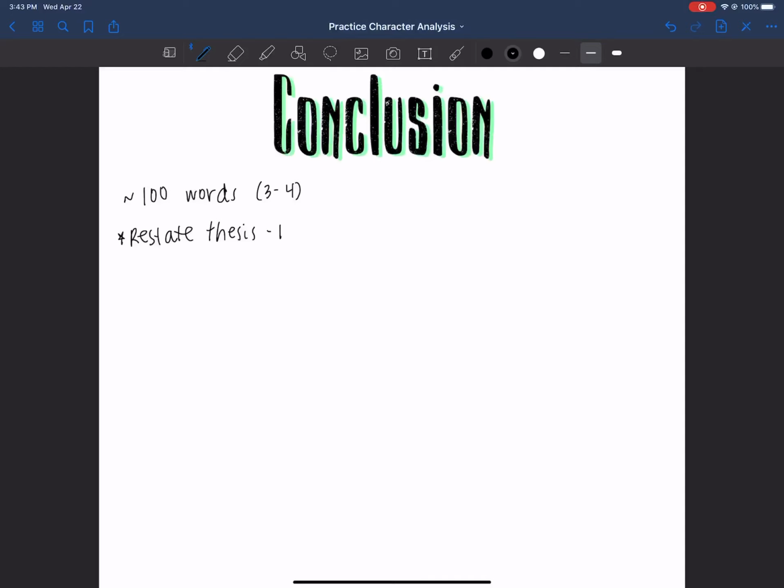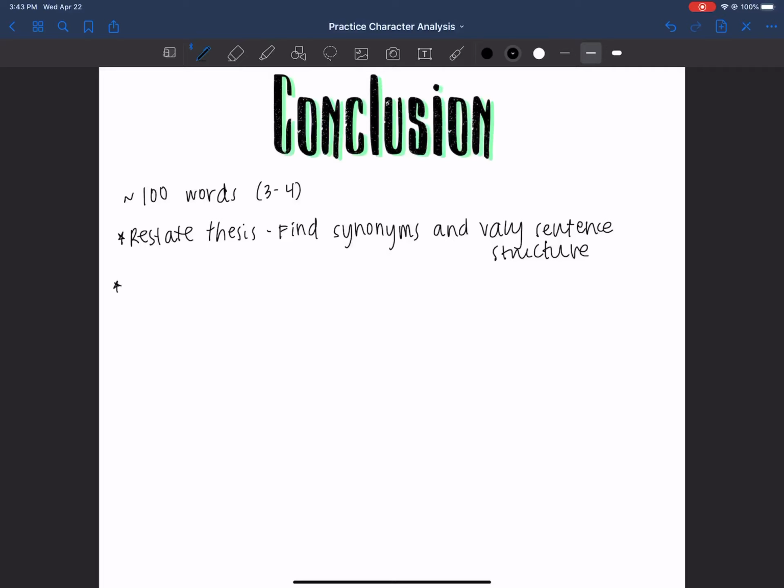So find new words, find synonyms, and vary your sentence structure. That means you'll have the same idea in your conclusion that you had in your thesis, but it's not going to sound hyper repetitive, okay?